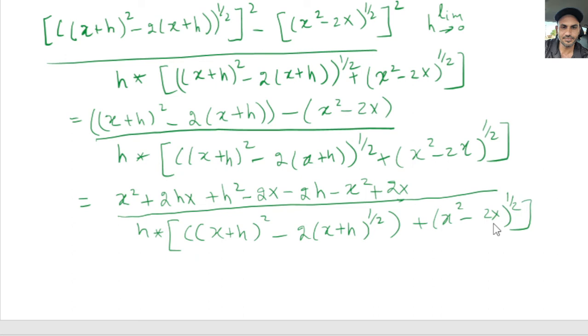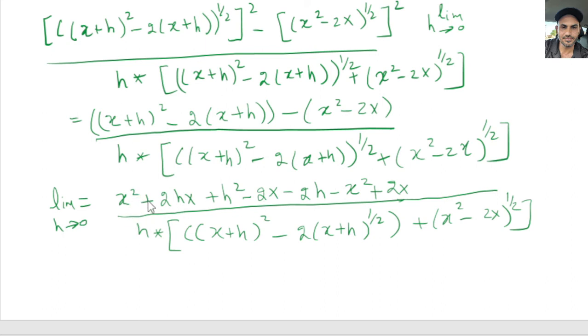power 1/2 right here. So now we have this particular one, and we're going to combine the like terms here in the numerator and simplify it further, and also take the limit as h goes to 0. So I have omitted some places, but we know that the limit as h goes to 0 is there.